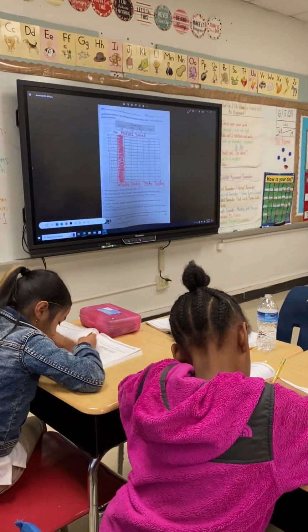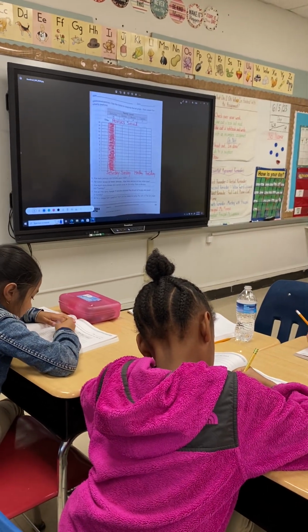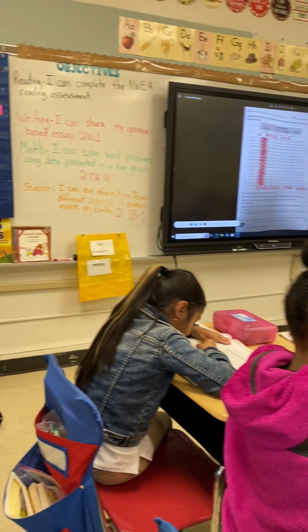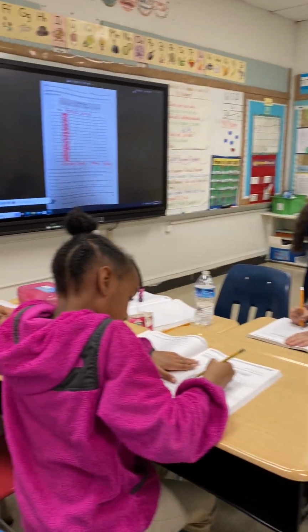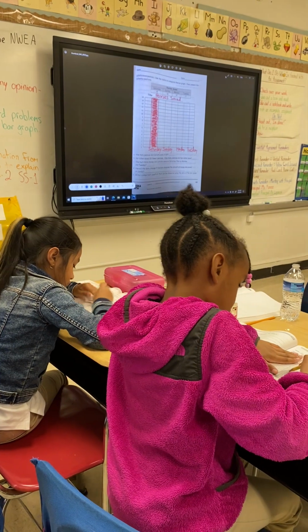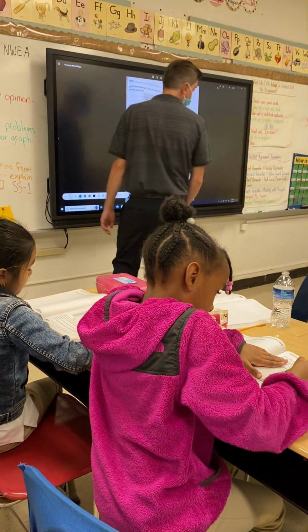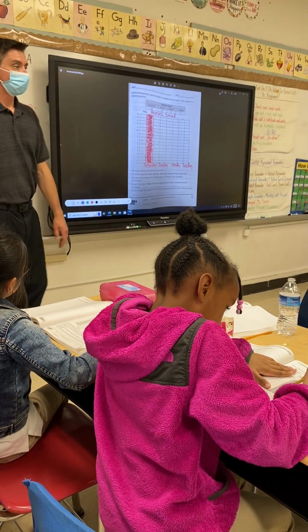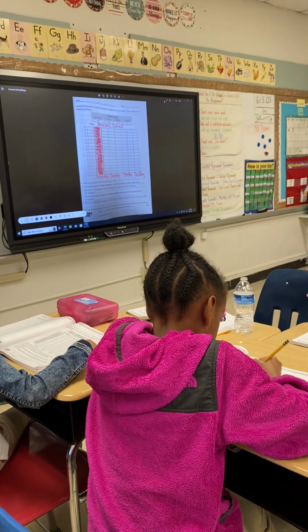So there should be an empty column in between your first bar and the numbers on the side of the graph. All right, I'm doing different colors just for fun, but you guys are writing in pencil, so yours will be all the same color.